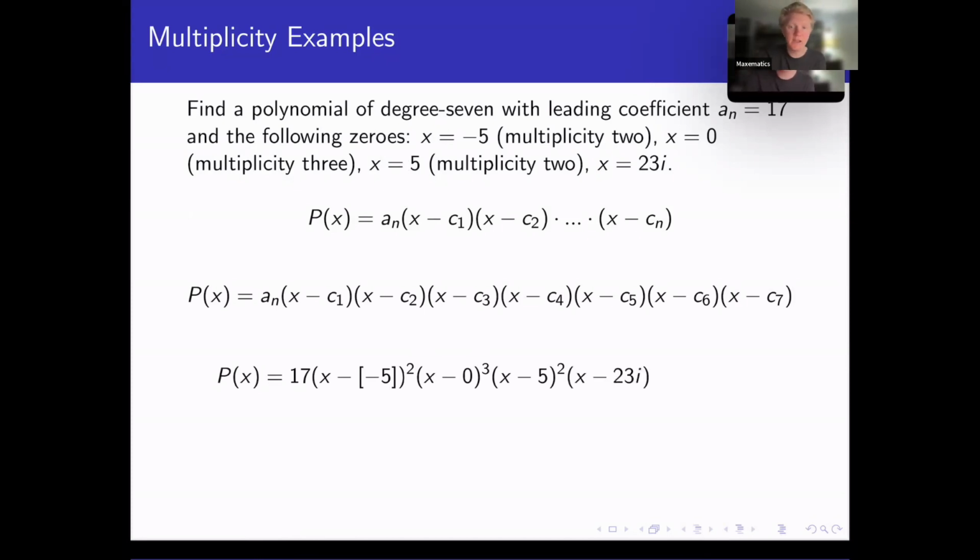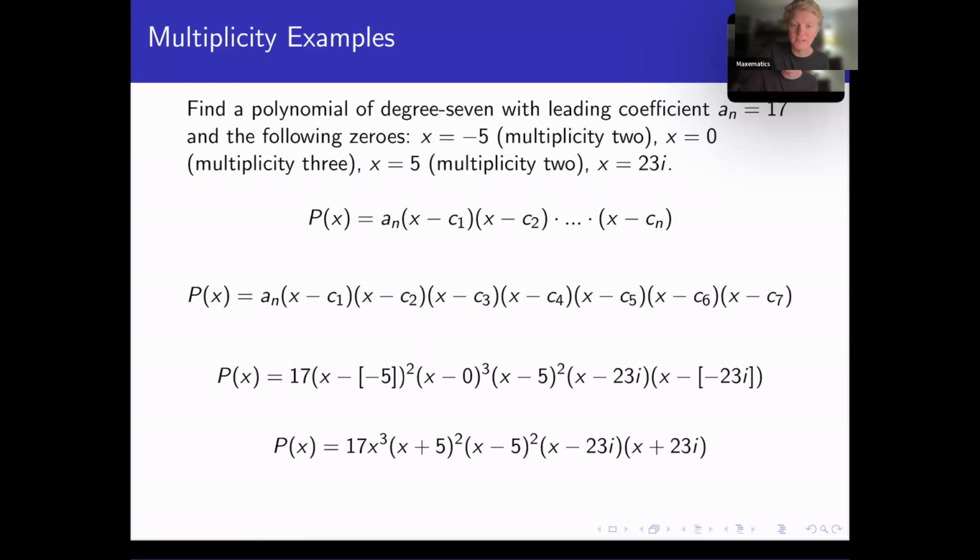Then we get x minus 23i, but don't forget that if positive 23i is a zero, then negative 23i is also a zero. Simplify a little bit, and yeah, you all definitely knew 5,620,625, right? No problem at all.